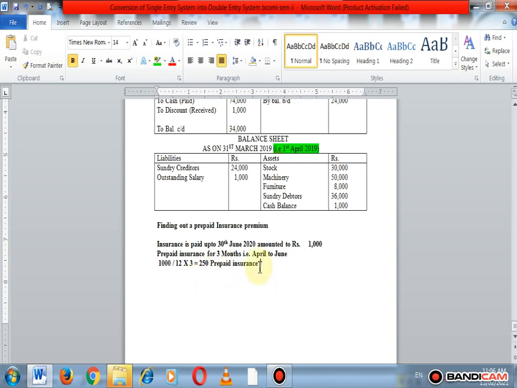So we calculated the prepaid insurance amounted to rupees 250.